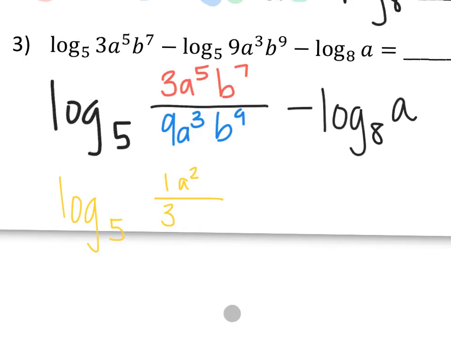If you did 7 minus 9, you would get negative 2, and that's fine, but we can't have negative exponents. So if they're negative in the numerator, move them to the denominator. If they're negative in the denominator, move them to the numerator. And then I'd still have that minus log base 8 of a. So that would be our answer there. Just can't do anything else with it.